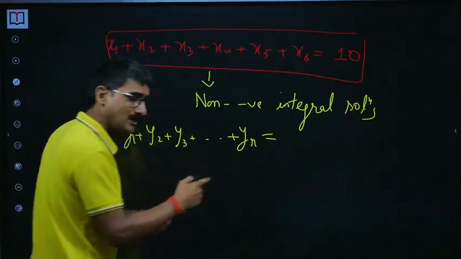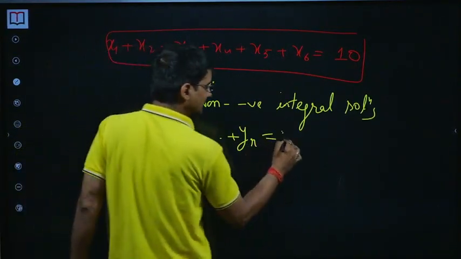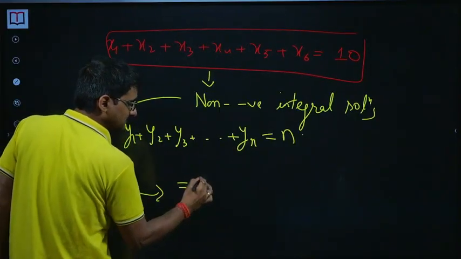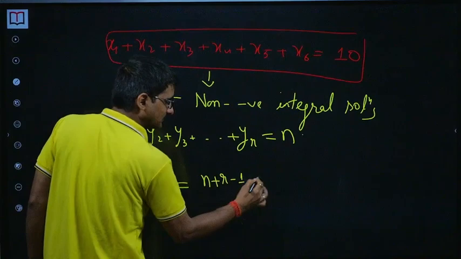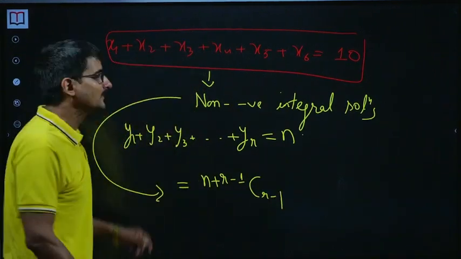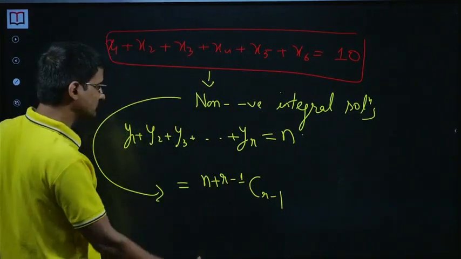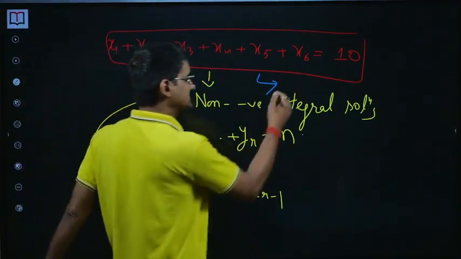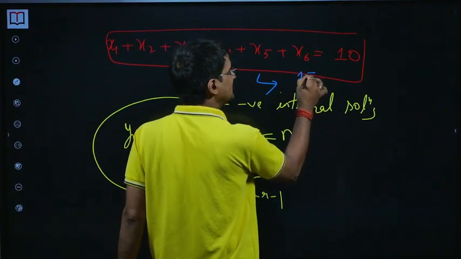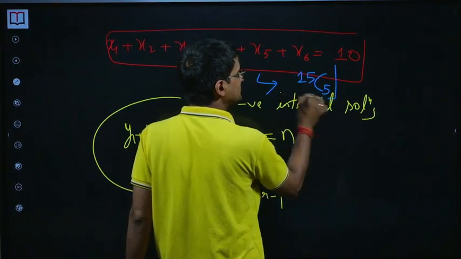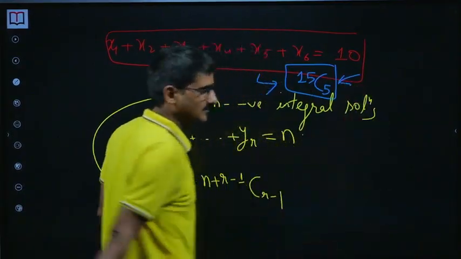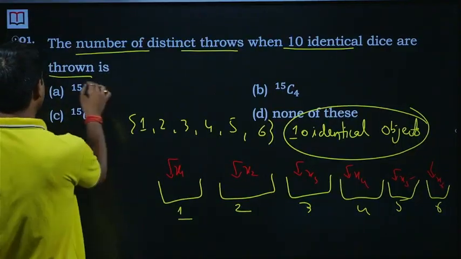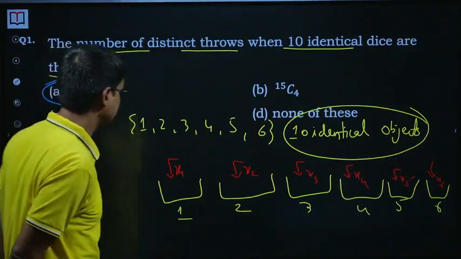If we have r variables and the sum has to be equal to n, the number of non-negative integral solutions is n plus r minus 1 C r minus 1. So here it is 10 plus 6 minus 1, which is 15. 15C5 should be the answer here.